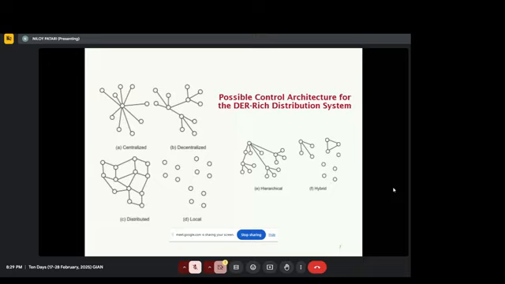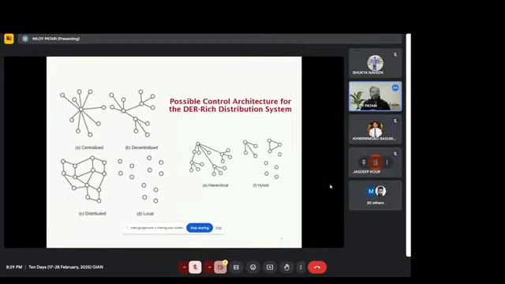Decentralized means that you have a cluster based architecture. Suppose you have this 13 bus system, right? And you divide the 13 bus system into three agents. One agent will have 3 nodes, another agent will have 5 nodes, and the other agent will have 4 nodes within them, right?